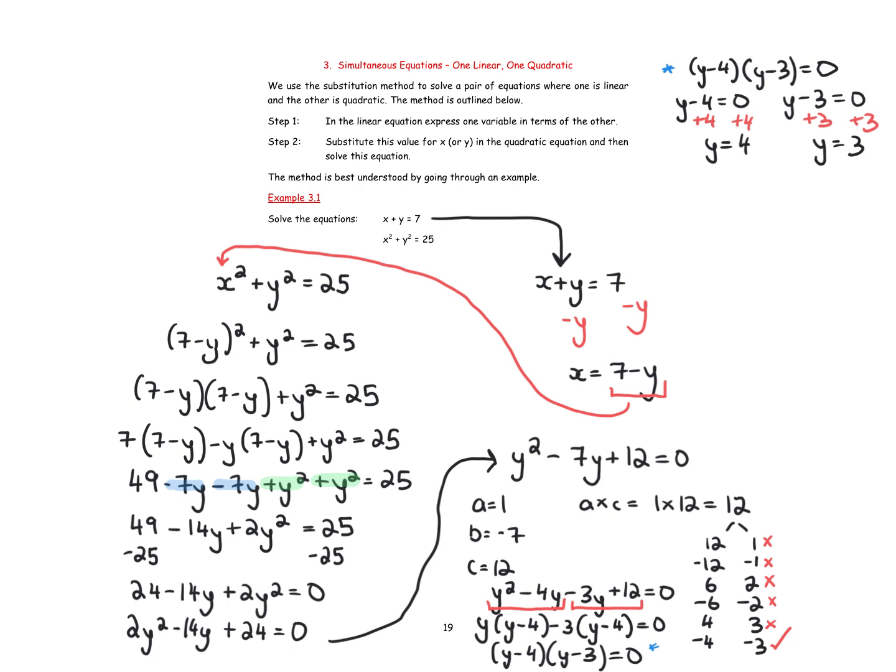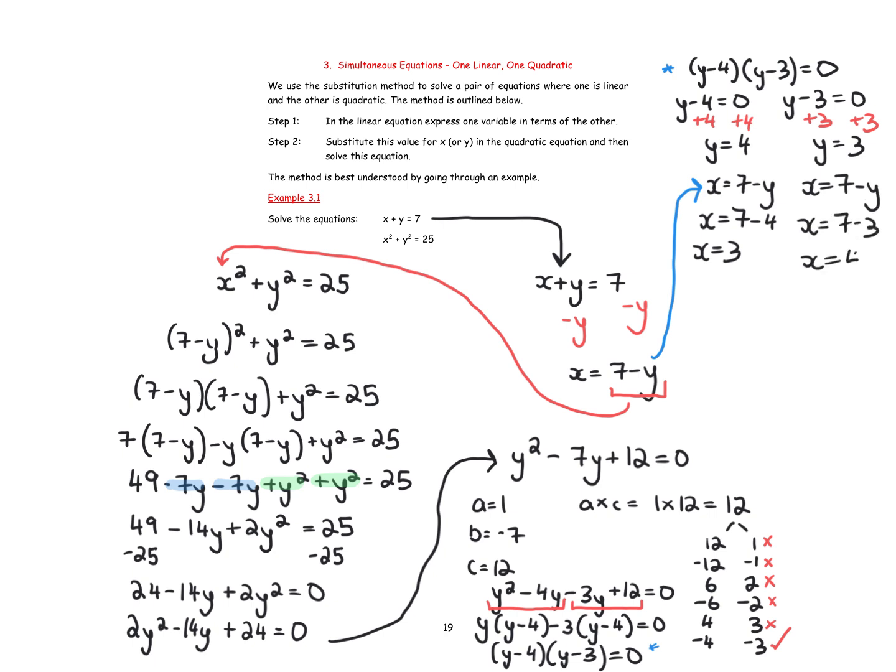Next, we can then find what x is equal to by substituting in what we know y is now. Well, x is equal to 7 minus y. So if y is equal to 4, we get 7 minus 4. So we get that x is equal to 3. And on this side, well, if y is equal to 3, we get that x is equal to 7 minus 3.